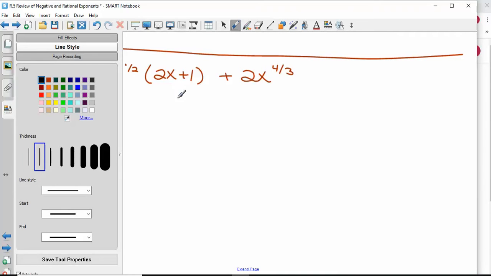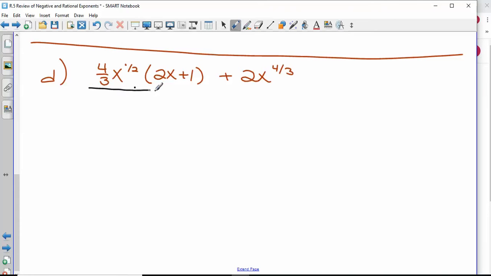So I'm looking at two terms here. Coefficient-wise, 4/3 and 2. What do you want to take out?